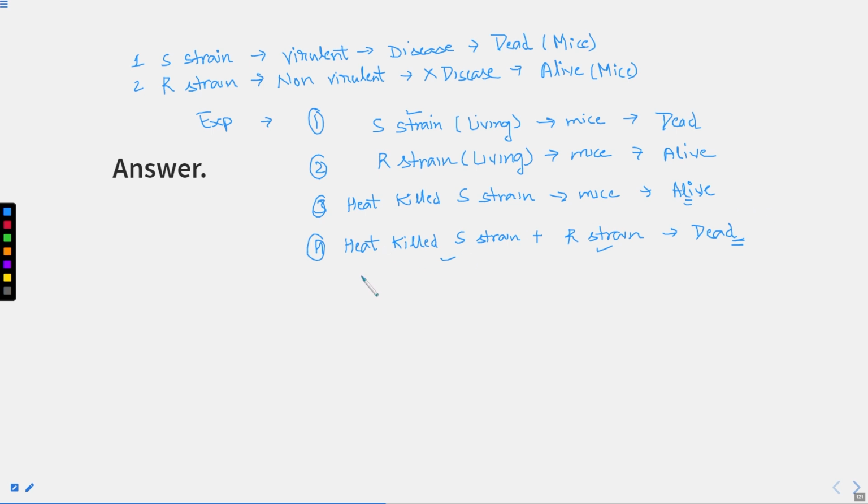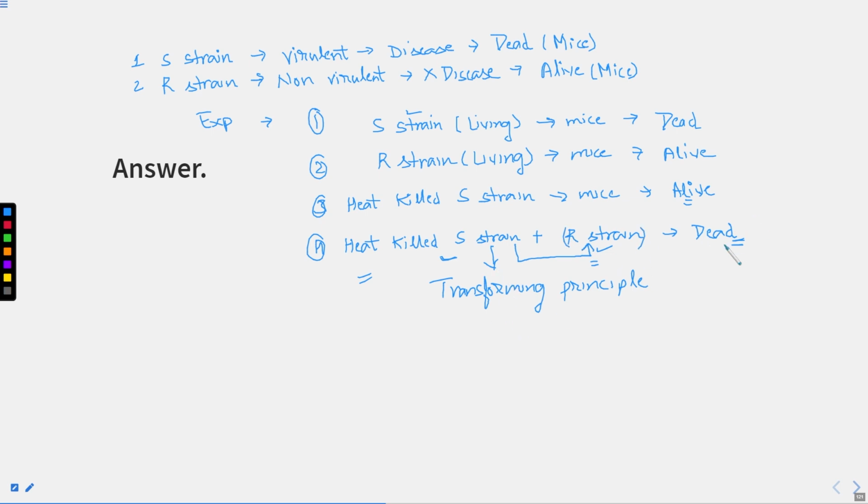Based on this experiment, a transforming principle was discovered. So Griffith concluded that there is some transforming principle that is transferred from the S strain to the R strain, and the R strain was converted into the S strain.